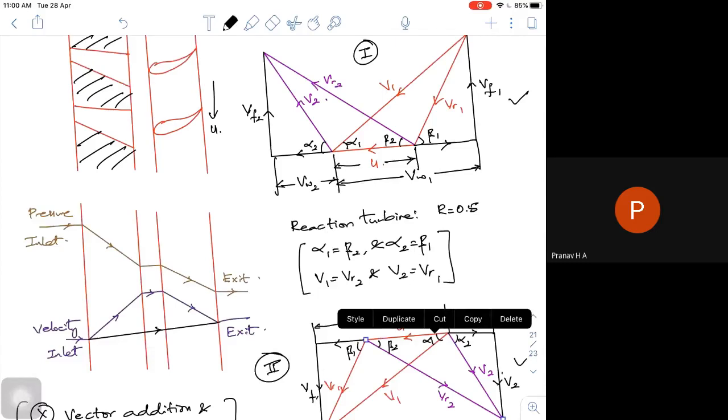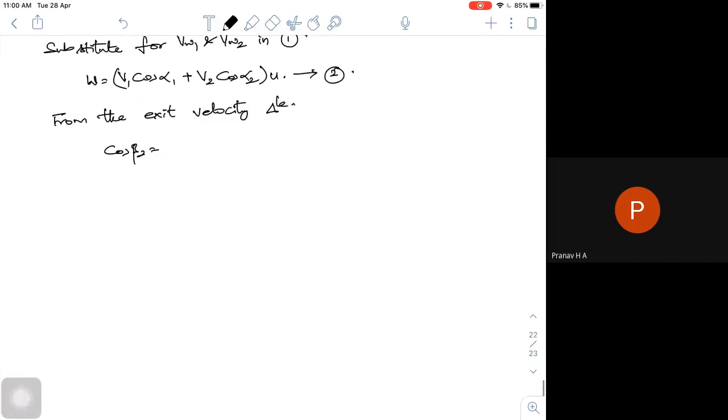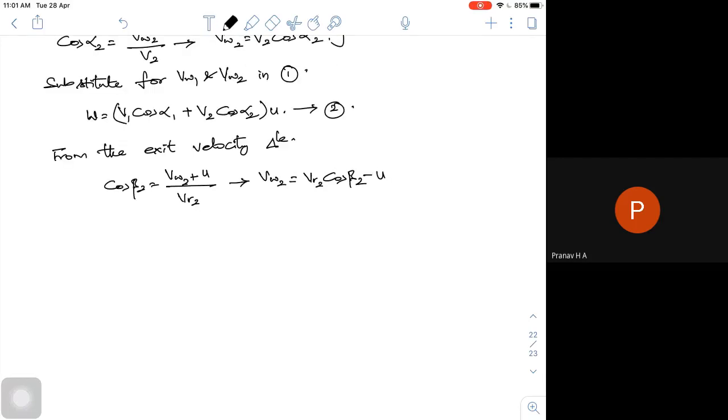So cos beta 2 is equal to VW2 plus U divided by VR2, or I can write VW2 is equal to VR2 cos beta 2 minus U. In one form of equation, I can write it as V2 cos alpha 2.